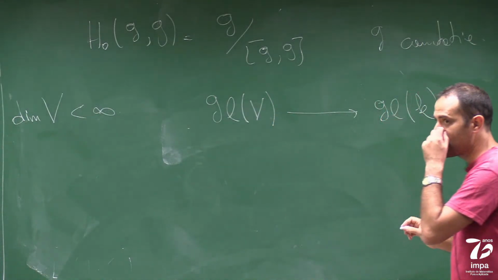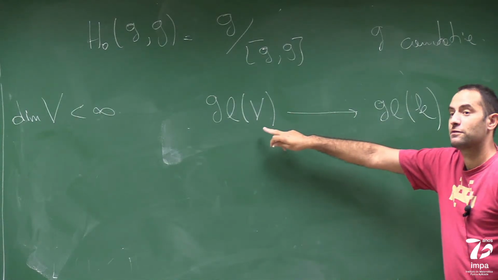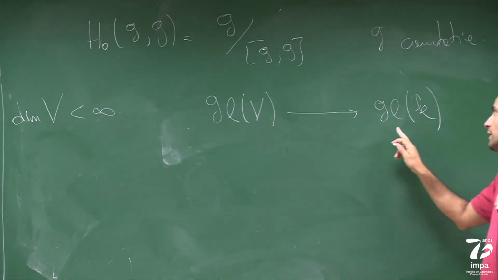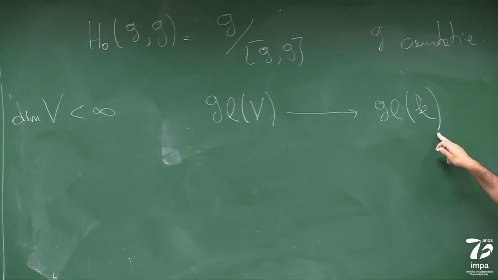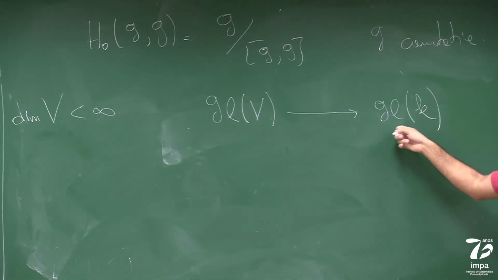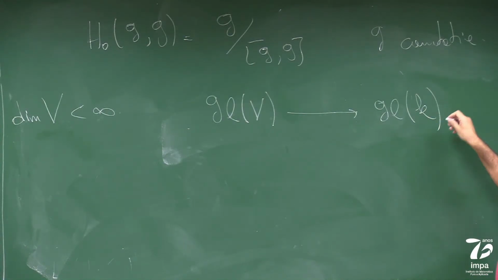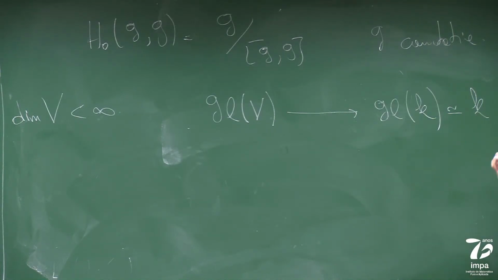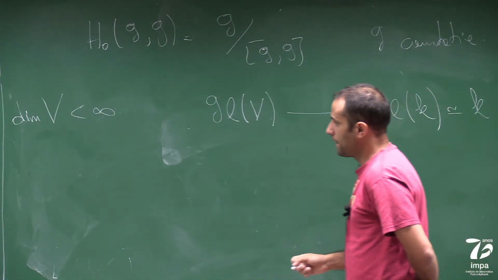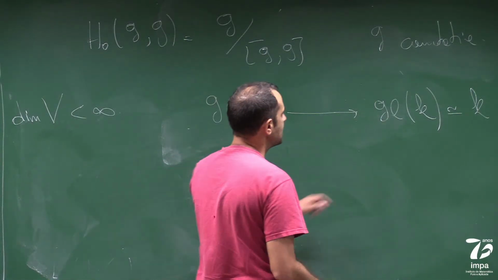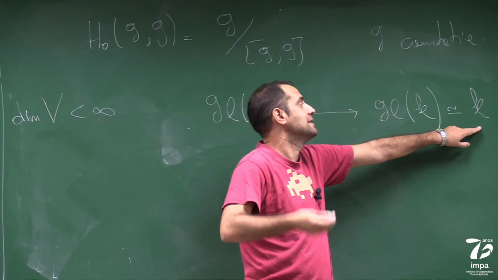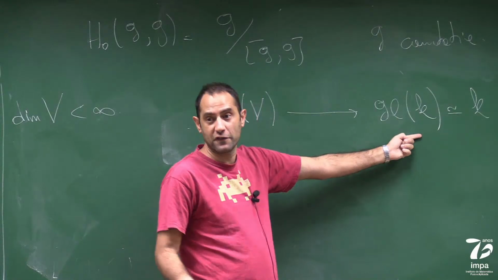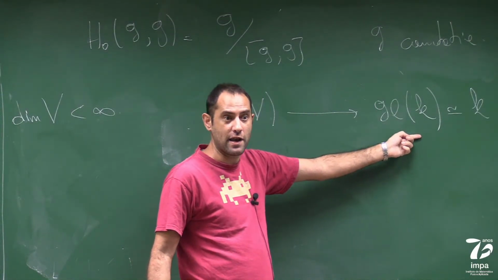Again, a representation of a Lie algebra is a morphism of Lie algebras from your given Lie algebra to GL of a vector space. And GL of a one-dimensional vector space is canonically isomorphic to a one-dimensional vector space, because I have the identity here, and this is of dimension 1. So I've given you one representation, which is the zero morphism. The zero morphism is a good representation for any Lie algebra.